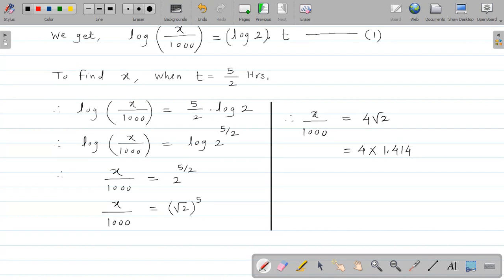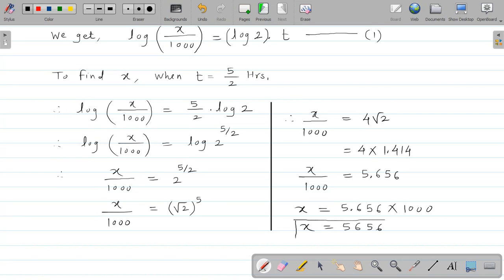Now if you multiply this, then what will you get? You will get 5.656, and the left hand side is x upon 1000. Now what will be the value of x? So x is equal to 5.656 into 1000, that is equal to 5656.